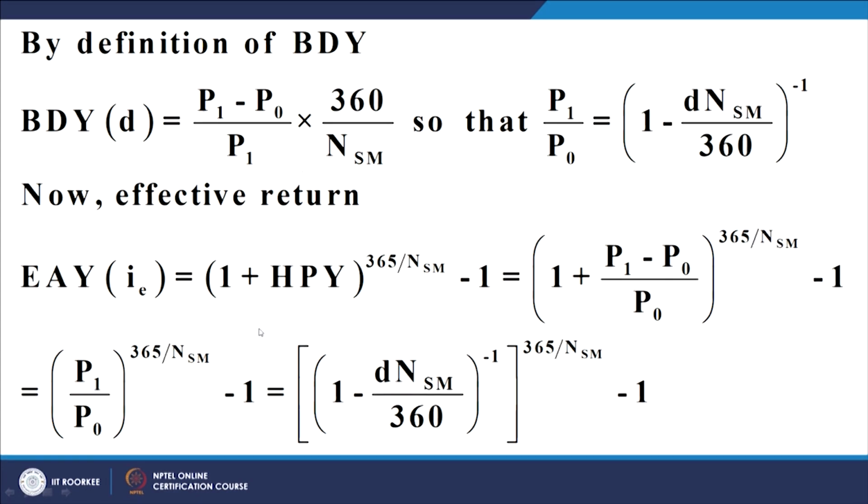From this we obtain the value of P1 upon P0 as the expression given in the upper right corner of your slide, and the effective annual yield is given by P1 upon P0 to the power 365 upon the holding period, minus 1, which gives you the final result at the bottom of your slide.